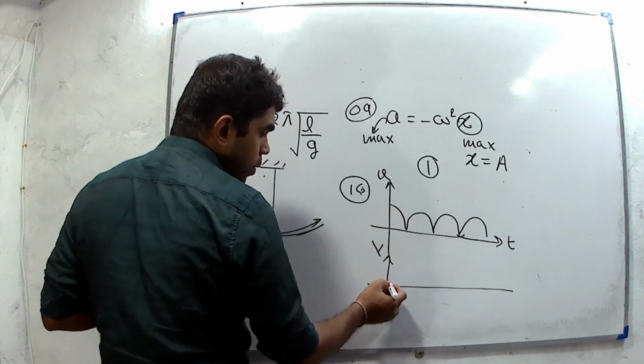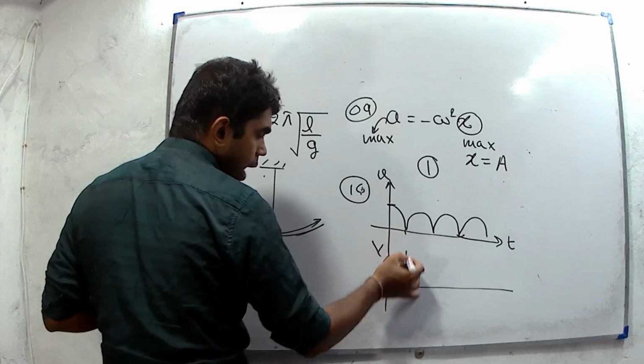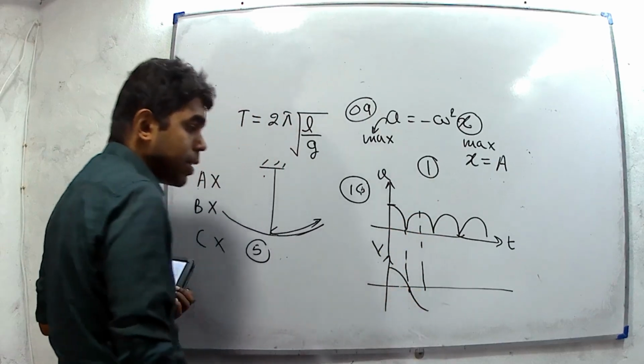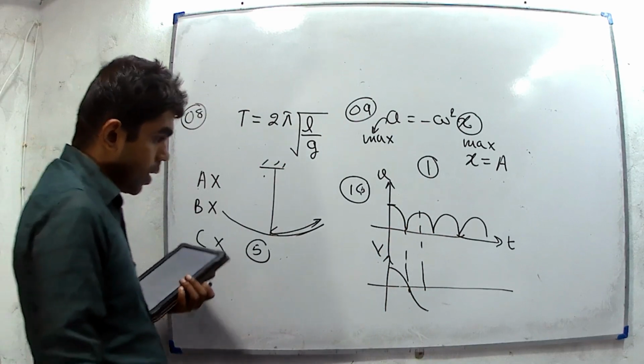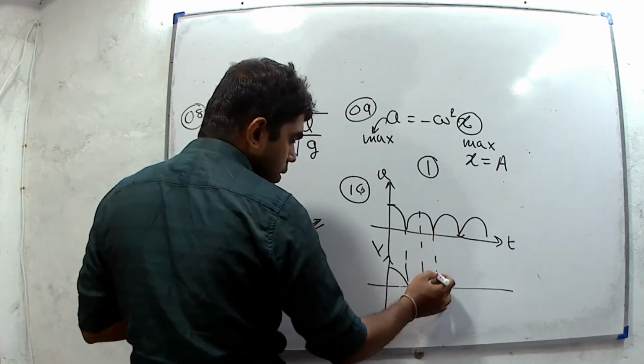Then velocity should start from maximum, and at this place it should be at minus maximum. Then we have to draw the graph like this.